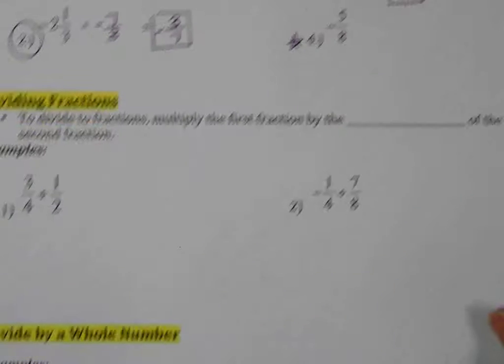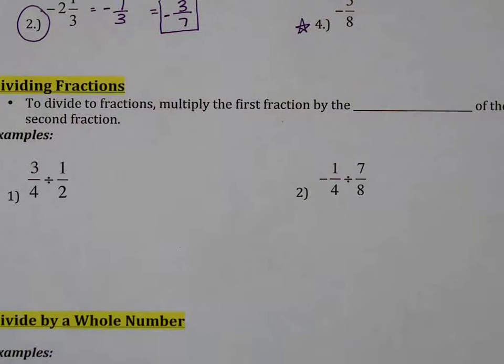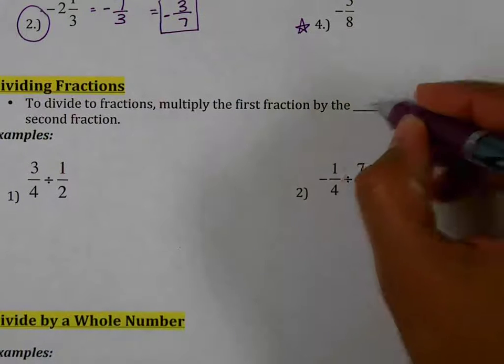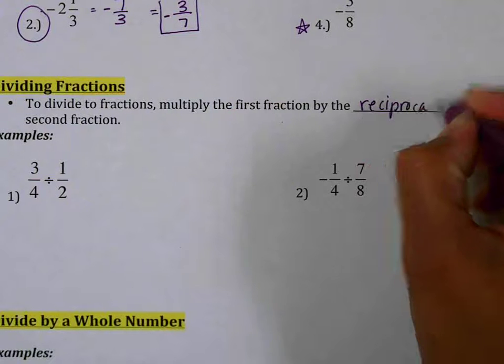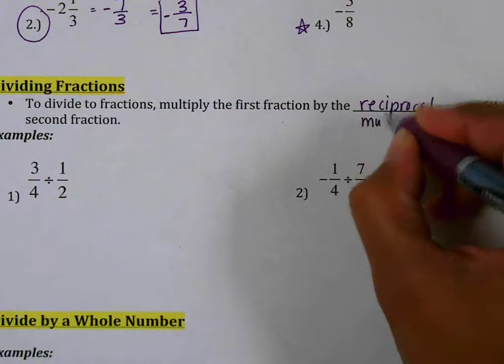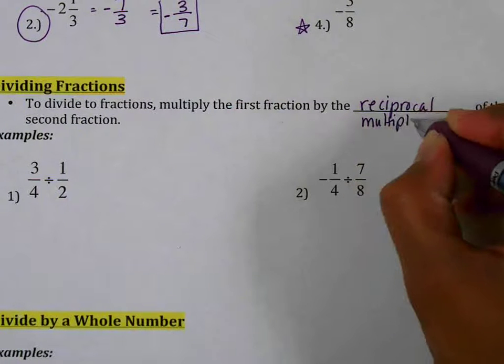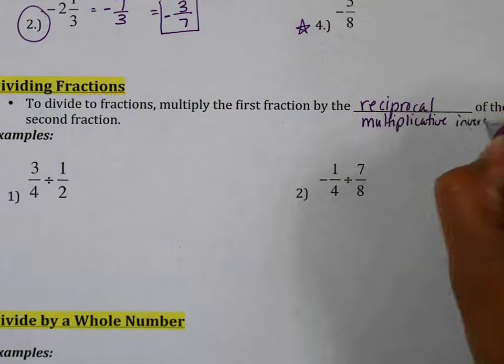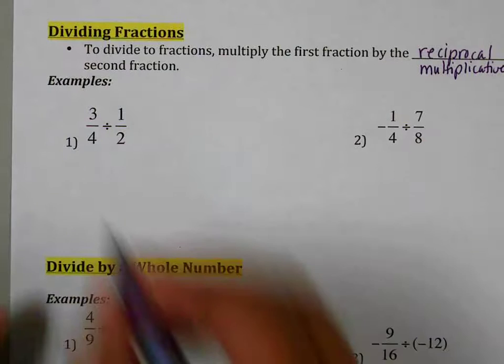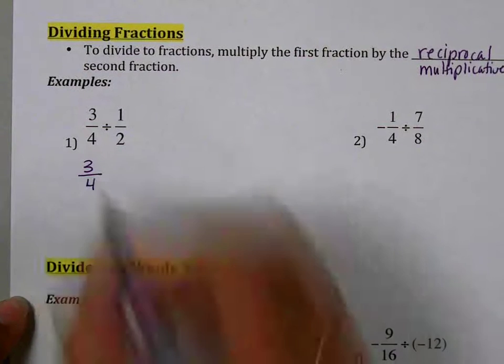So now we're actually going to divide fractions. To divide fractions, we're going to multiply the first fraction by the multiplicative inverse, or the reciprocal, of the second fraction. So when we're solving this, we're going to do 3/4.